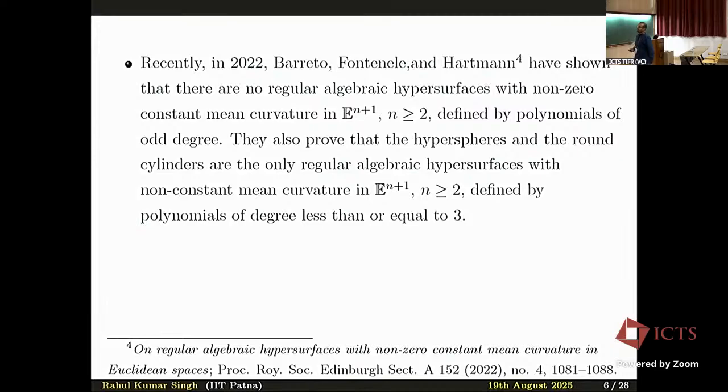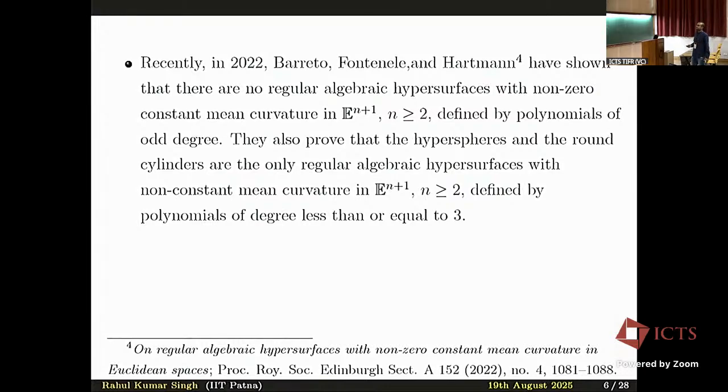And very recently, in 2022, these three mathematicians showed that there are no regular algebraic hypersurfaces with non-zero constant mean curvature defined by polynomials of odd degree. So if you have an odd degree polynomial, you cannot have a regular algebraic hypersurface which can be seen as the zero set of an odd degree polynomial.